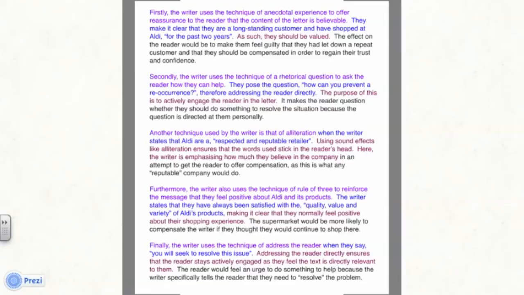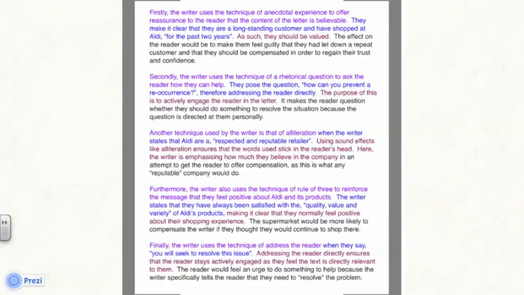"They make it clear that they are a long-standing customer and have shopped at Aldi for the past 2 years." They've put the quote in as well, and that's a more sophisticated way of putting a quote in to back up what you're saying, because it's an embedded quote. It forms part of the sentence that you're writing. "As such, they should be valued." So that is the purpose. That's why the writer has used that technique.